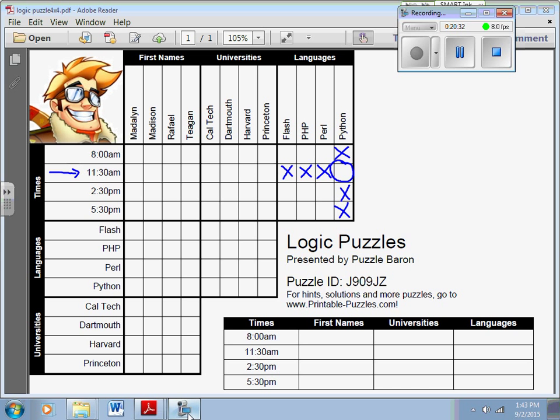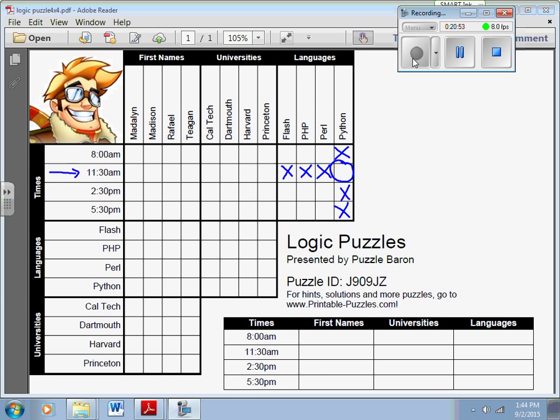All right. Let's have you go ahead and read clue number 2. So you're going to read clue number 2, and I want you to try to figure out, are you going to circle a box or are you going to mark an X for a box? How is that clue helping you?